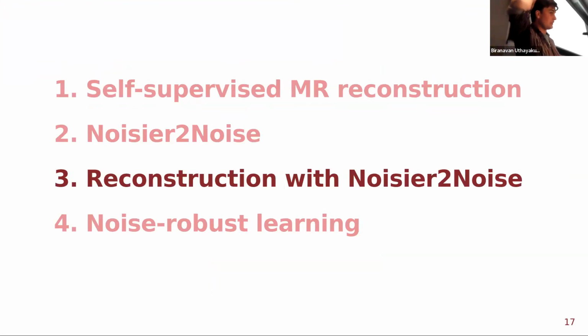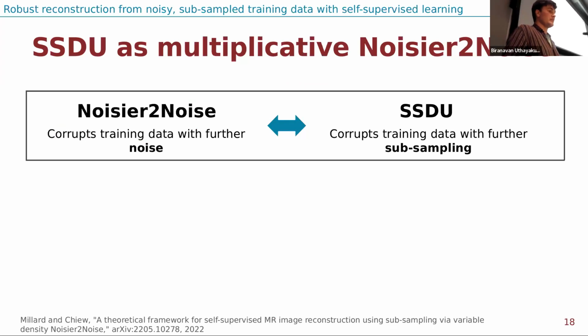Okay, so now we're going to talk about how we translate this noisier to noise method to reconstruction tasks. As I mentioned earlier, we have shown that noisier to noise is one and the same as the method SSDU. The difference is that while noisier to noise corrupts noisy images with further noise, SSDU corrupts subsampled k-space data with more subsampling.